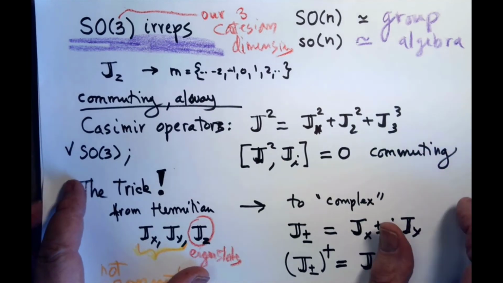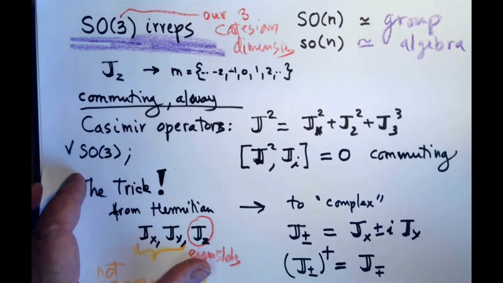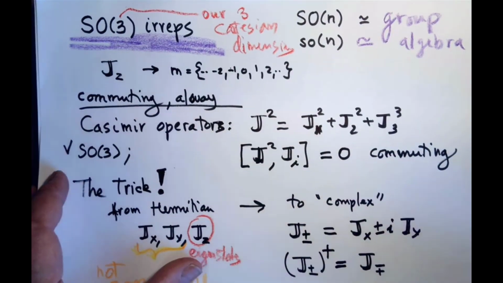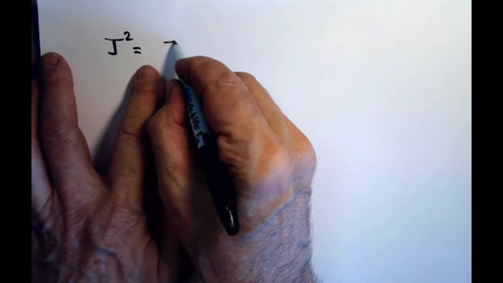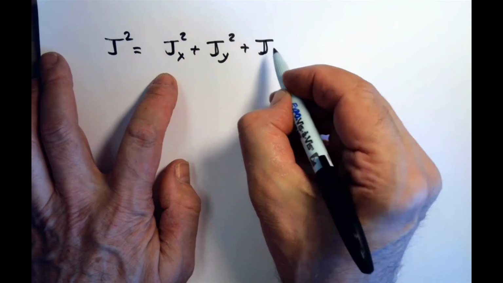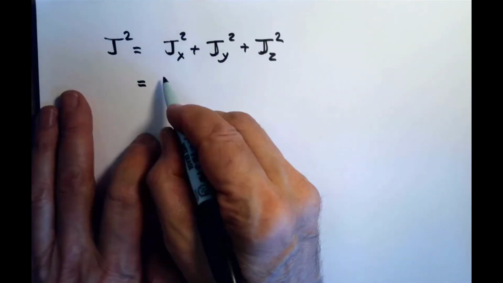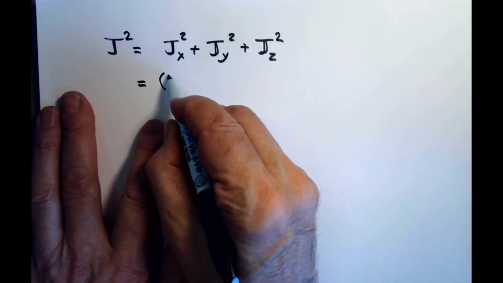And if this gives me a separate label, that will be important information about the eigenvector. This is Jx squared plus Jy squared.